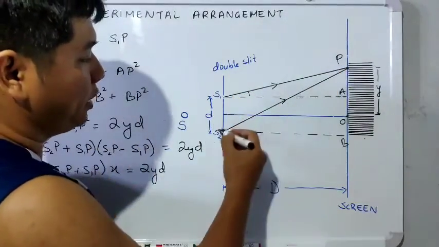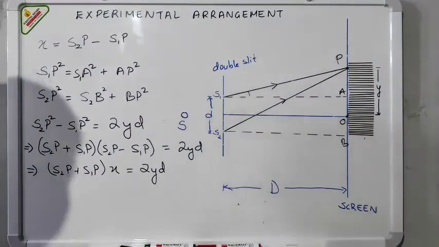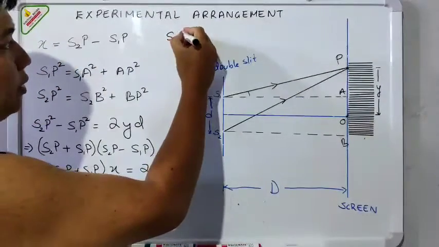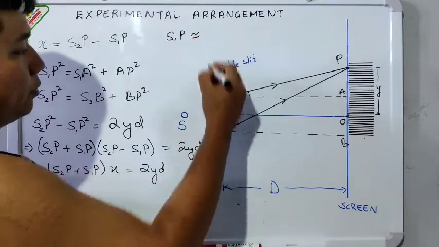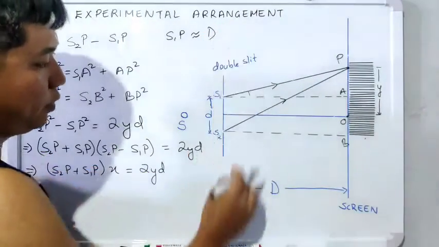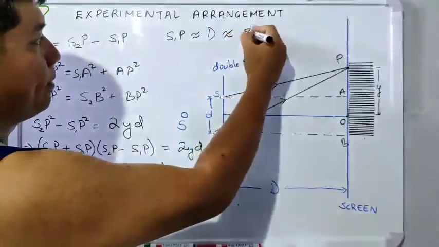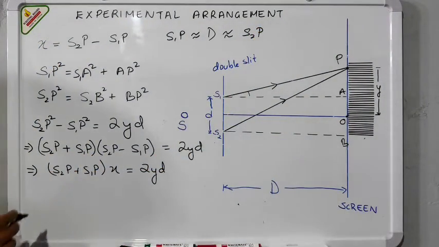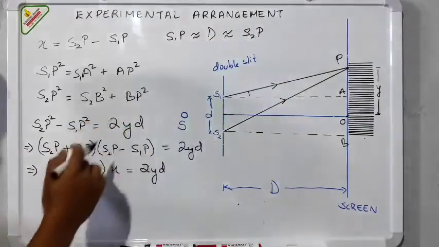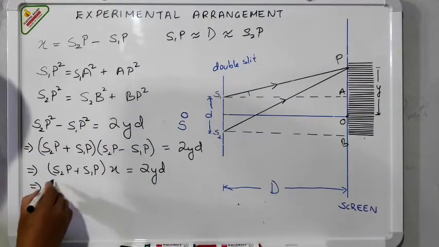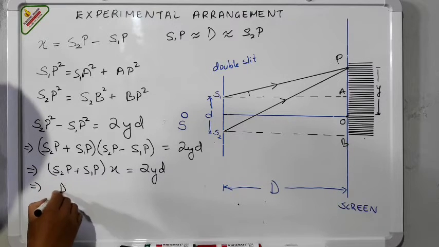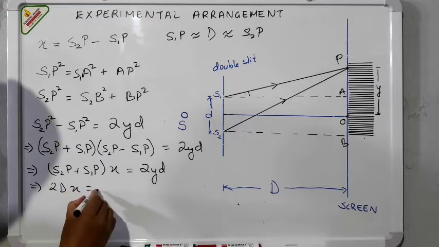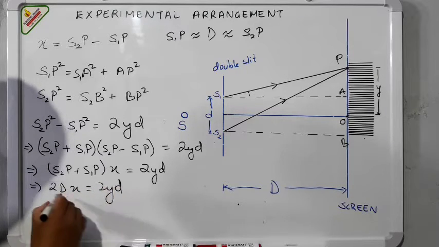It means S1P and S2P will be almost equal to each other, almost equal to D. So S1P and S2P can be replaced with D. D plus D is 2D. 2D x equals 2yd.